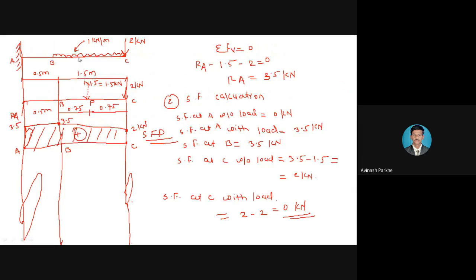And this UDL converted into the point load is also present to the right side. Its magnitude is 1.5. But what is the multiplying distance? 0.5 plus 0.75. How much? 1.25. So like that we have to take.